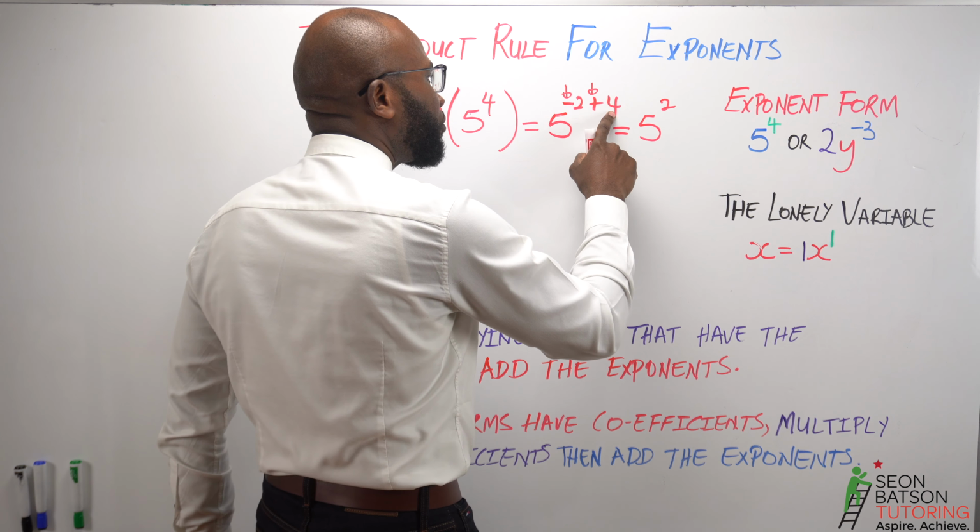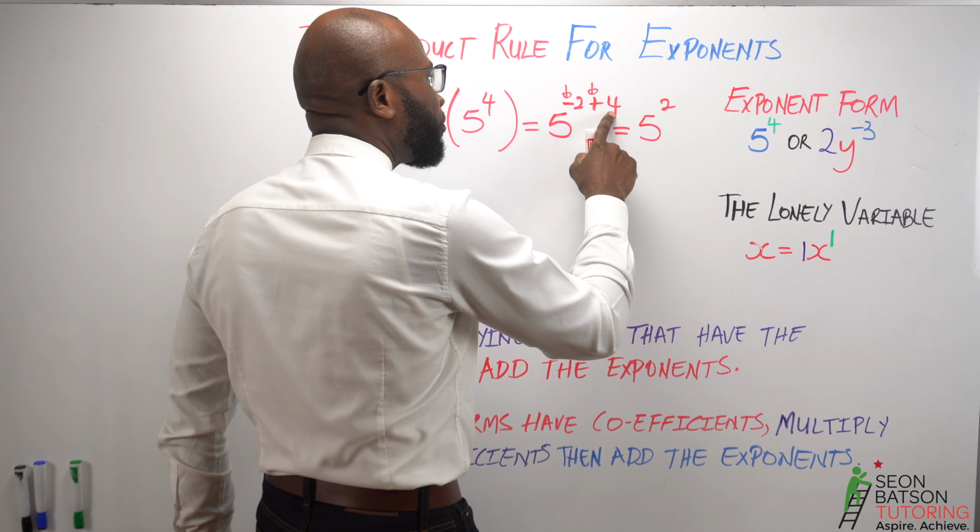Again, do you see anything interesting here? Yes, we have a lonely variable. So the r is lonely, and remember, whenever you see just the variable, its exponent will always be 1. So always put that 1 first before you begin multiplying or adding.